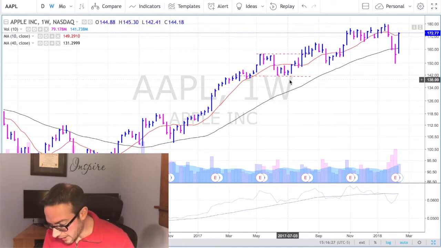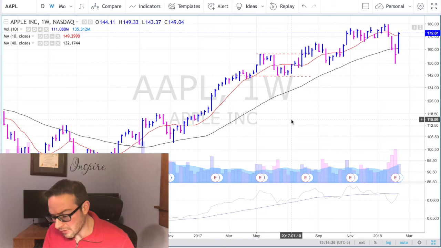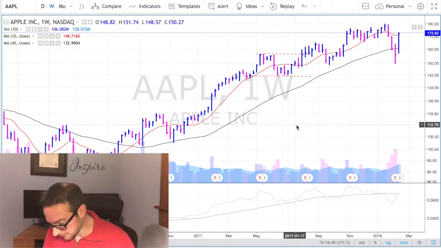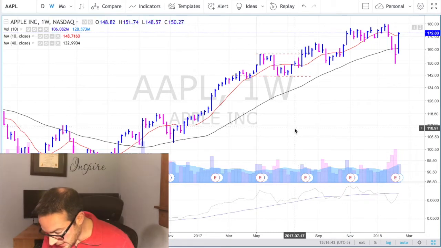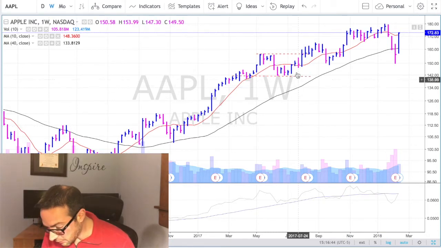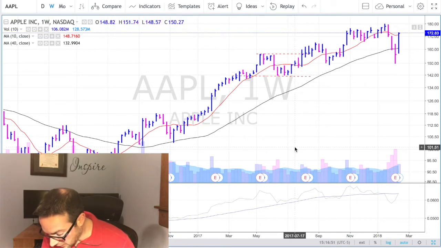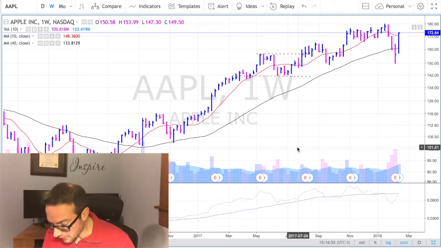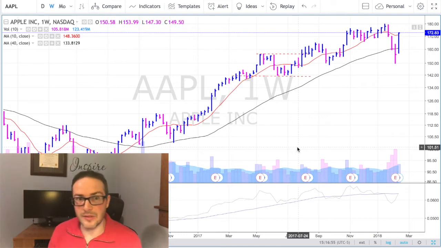So to continue analyzing this base here, you're getting a little bit more volume coming in on this day, so that counts as an accumulation week. And yeah, then we're finally rallying back above the 10-week line, and both of those weeks the volume is getting progressively lower, so it doesn't count as accumulation or distribution.